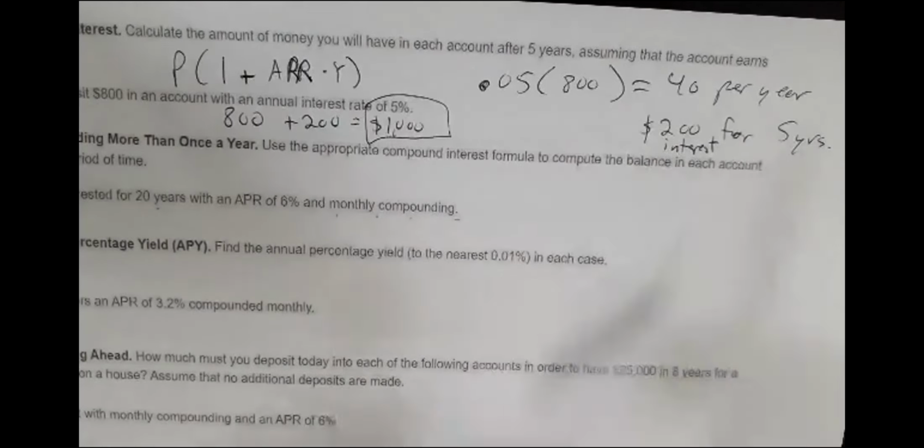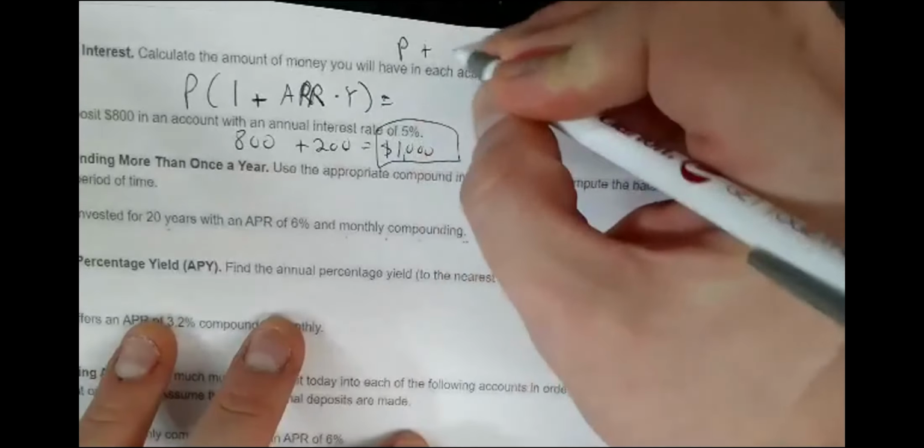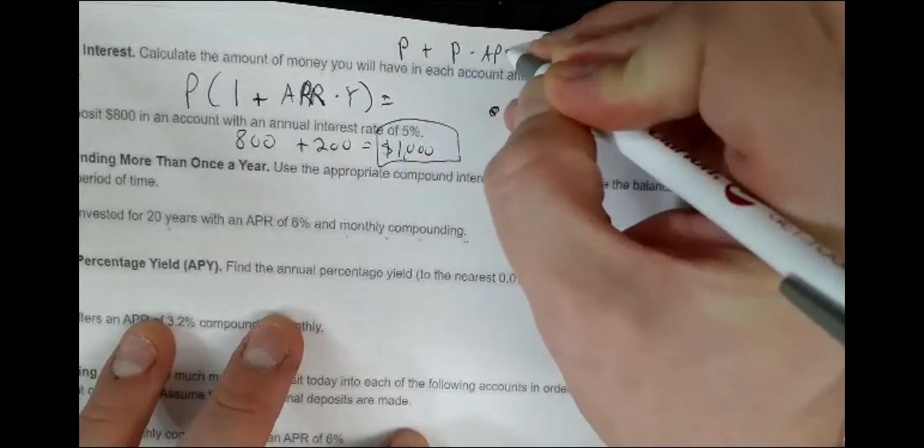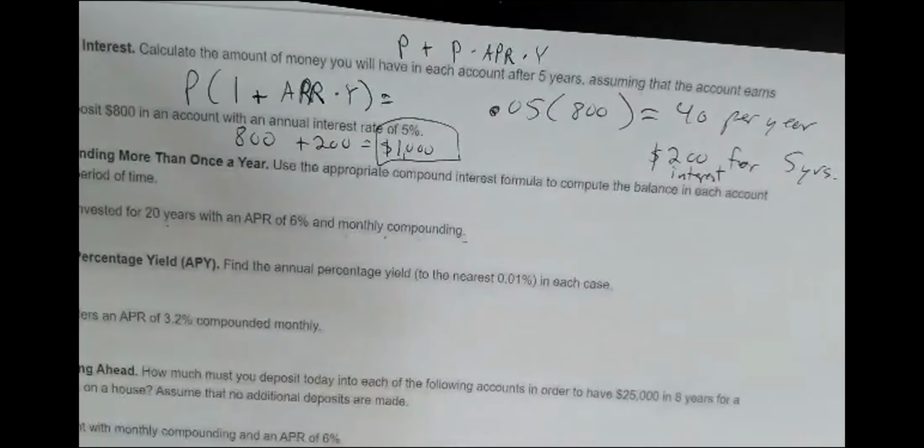And for 5 years, we're going to earn $200 on it. And so we're going to take that $200 and we're going to add it back to our principal. What does it say? Plus your principal times. We do some distribution with this.